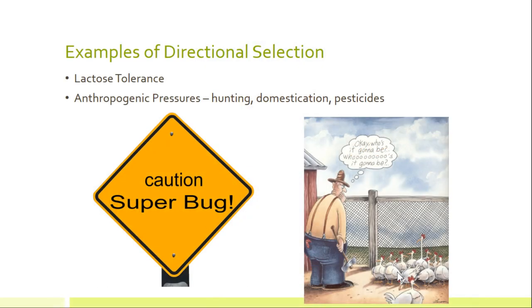And some examples of directional selection in the human population, a really great one is lactose tolerance. It turns out that lactose tolerance is only in about a little over a third of the population, but it is so amazingly successful that populations that were lactose tolerant, that spread through the population really quickly. There were 4 populations that had lactose tolerance arise in them independently. So 4 different populations, 1 in Africa and 3 in Europe.